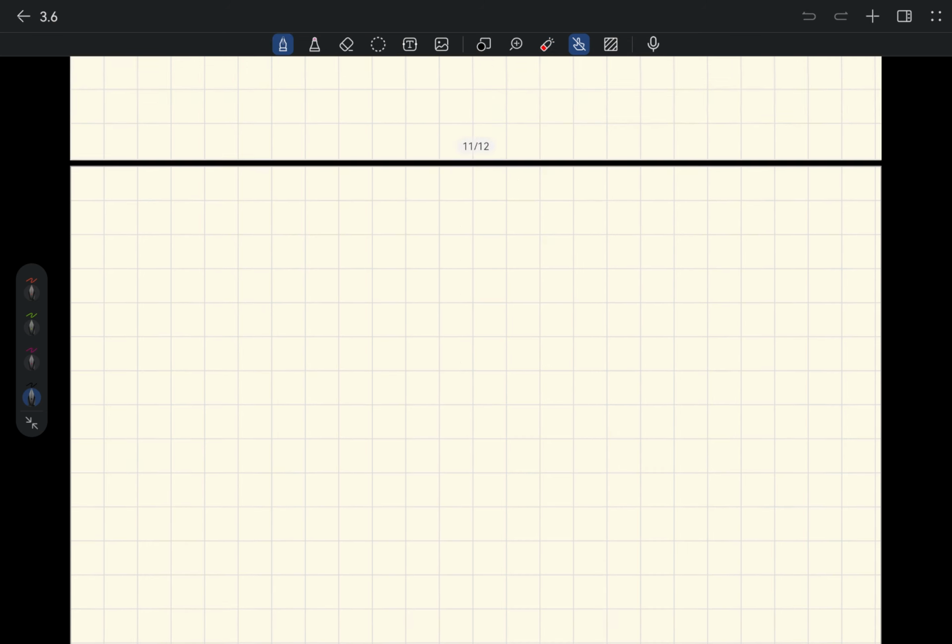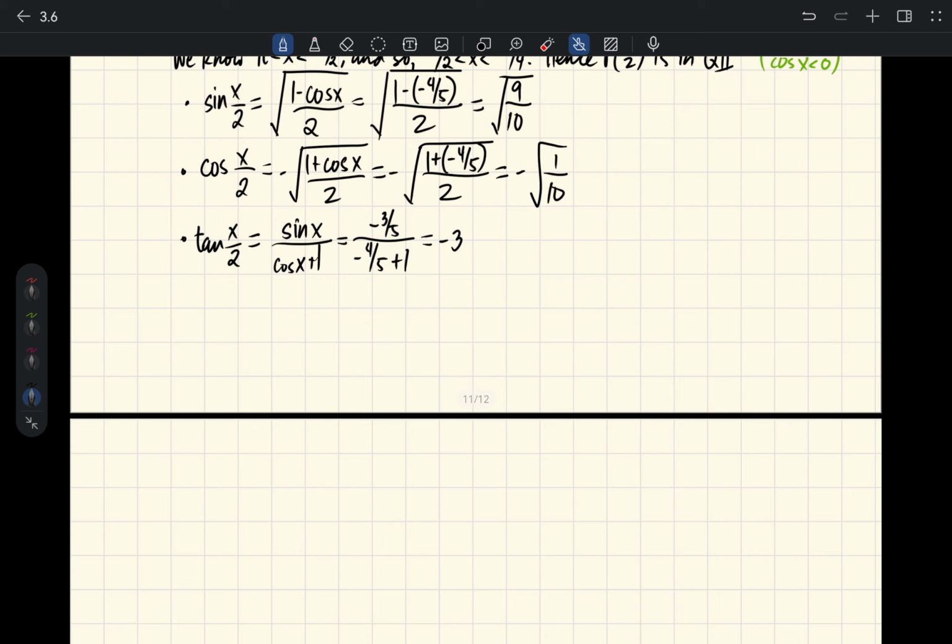Now let's proceed to our third example. Let's evaluate (cosine of 15 degrees plus sine of 15 degrees) all over (cosine of 15 degrees minus sine of 15 degrees).